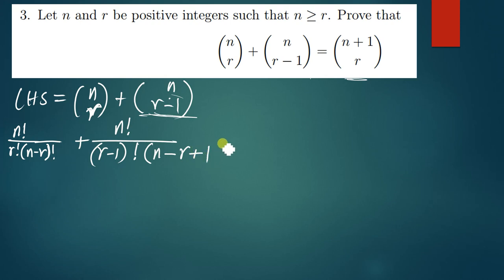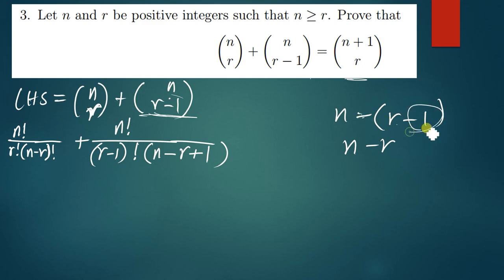The reason it's going to be like that is because when we say n minus and then r minus 1, if we simplify this, we have n minus r, and negative times negative 1 there will give us a positive 1. So this is why I've written that, and then we have a factorial outside.